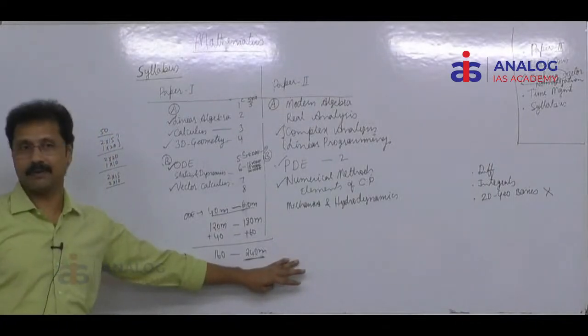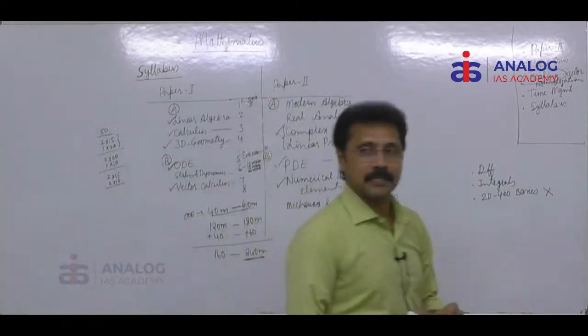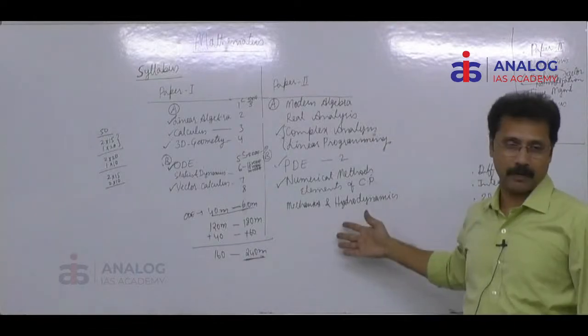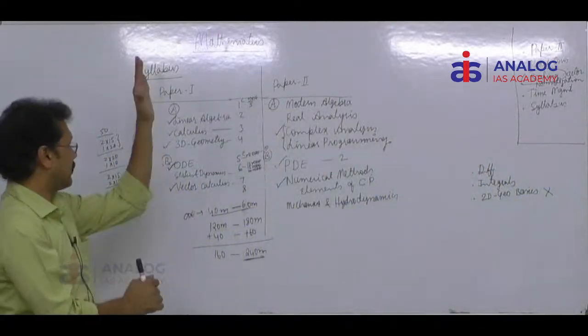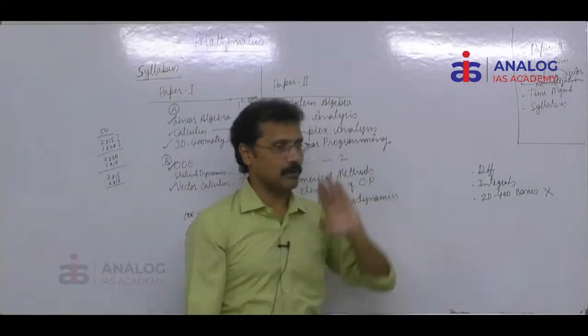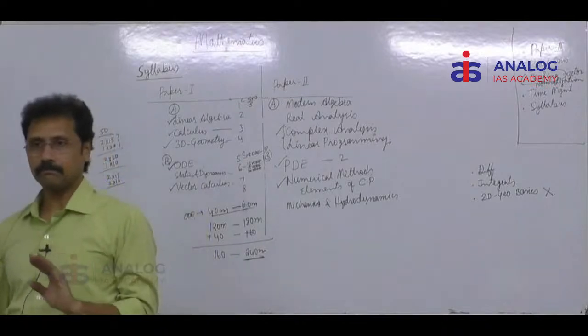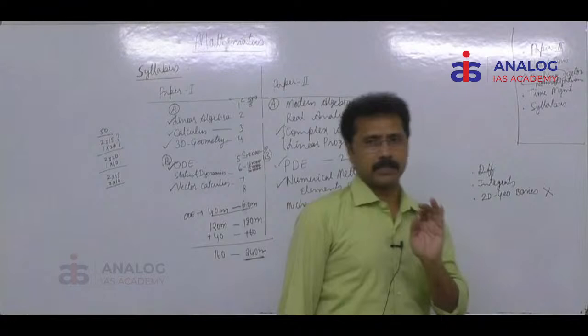Are you getting that? So the idea is, first level, even paper 2 also has a similar kind of approach. You have to ensure that 50% of paper 1 is complete, 50% of paper 2 also is complete. That gives you the minimum marks that you are supposed to get in this exam.